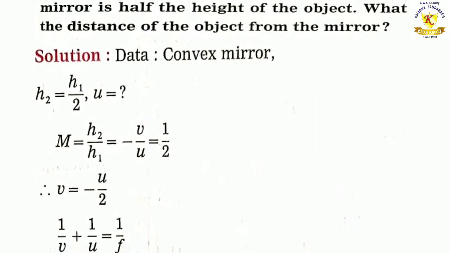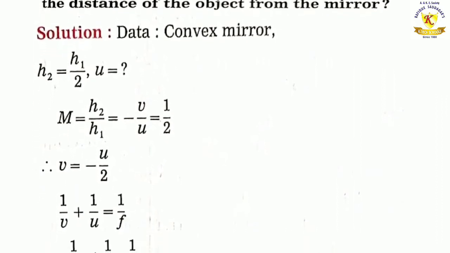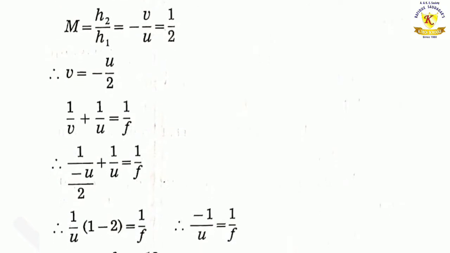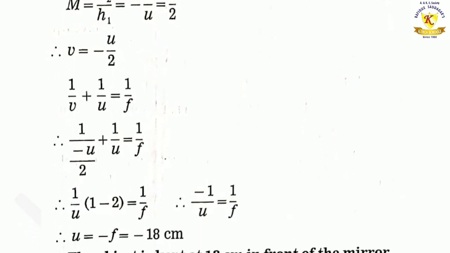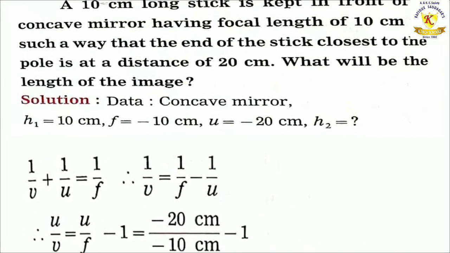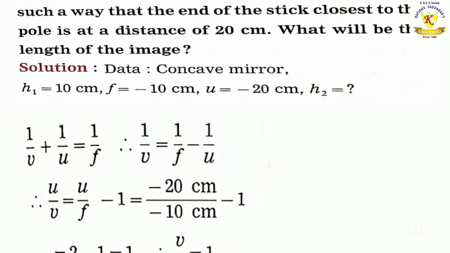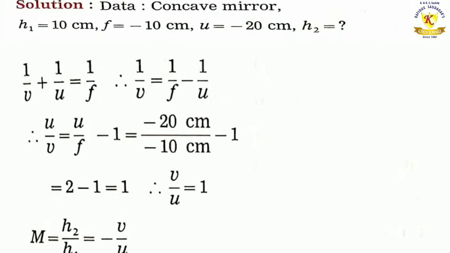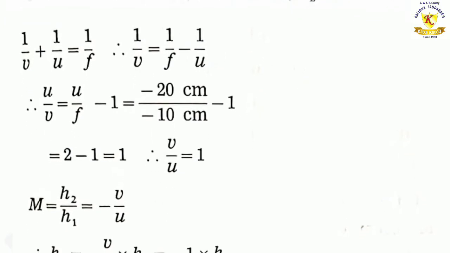When you practice these sums, children, you will be able to do them. Use the mirror formula to solve these kinds of sums. You must have knowledge of the concave mirror and convex mirror as well as the formula for the mirror equation. Then you will be able to solve this problem.